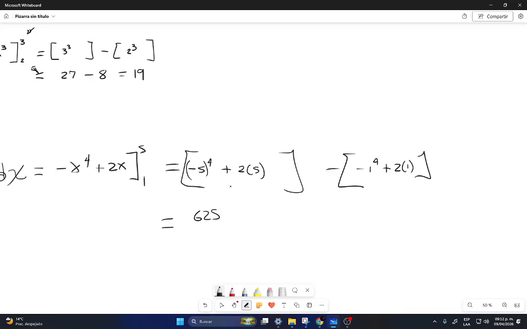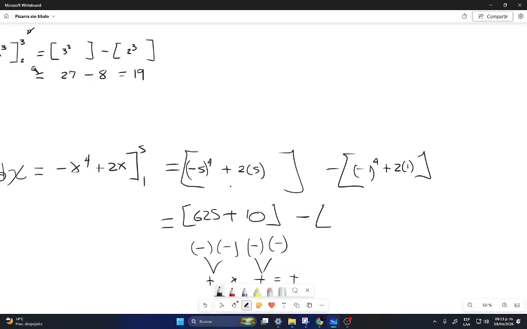I wrote it wrong. So it's multiplied by itself 4 times. So it's basically negative times negative times negative times negative. So this is positive, this is positive, and positive times positive is positive. So yeah, it's positive. Plus 10. Minus, again, it will be positive 1. 1 to the power 4 is 1 plus 2.